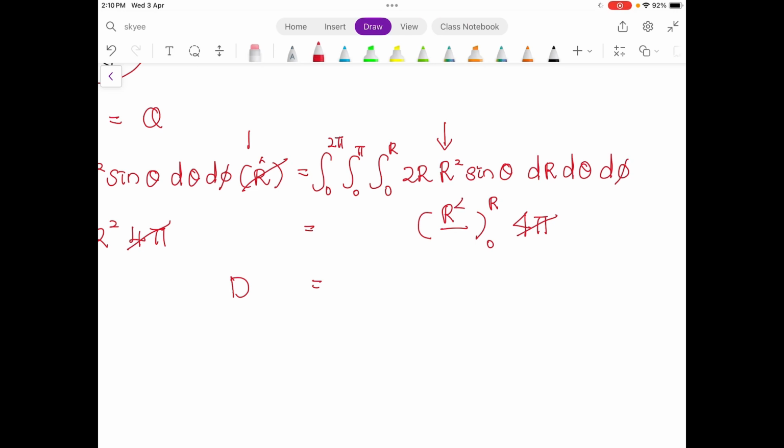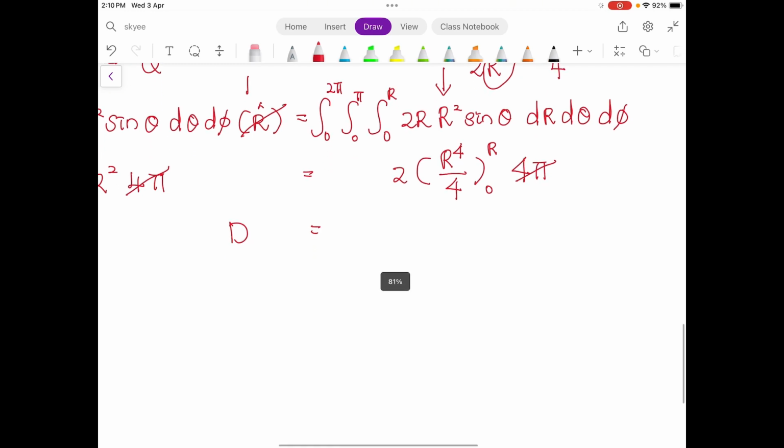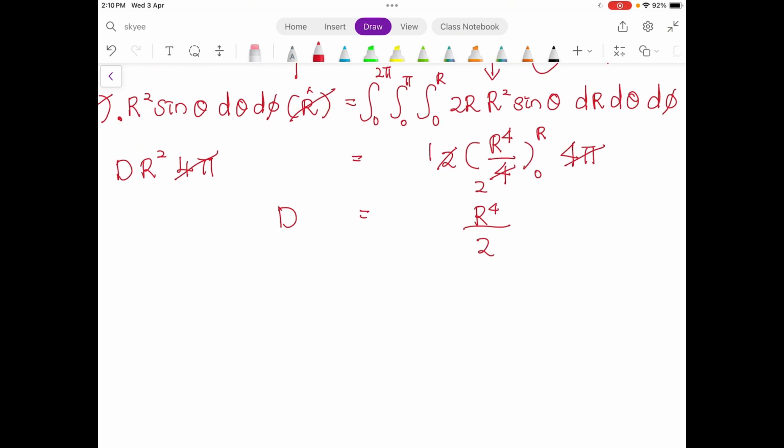When you integrate, maybe I will write like this. I will just combine them to make it 2r cubed. When you perform the integration on this r cubed, you will get r power 4 over 4. So here it will be r to the 4 over 2, and then you have r squared.